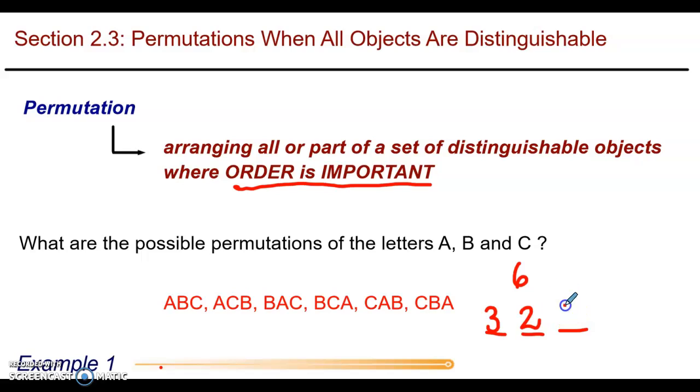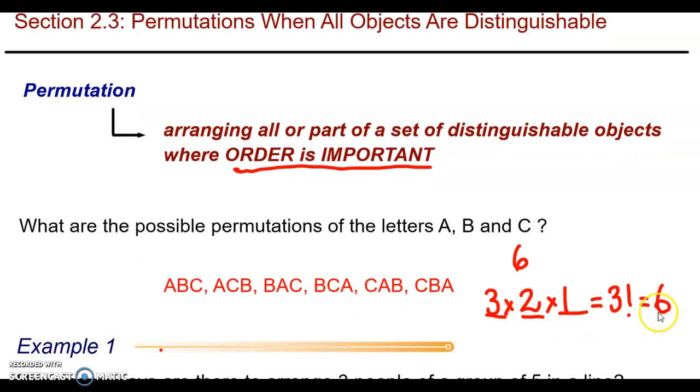And similarly, there is only 1 left for that last position. And we multiply all of those together. This can also be written as 3 factorial, as we've seen in section 2.2. And when we multiply that, that gives us 6 possible permutations to arrange those letters.